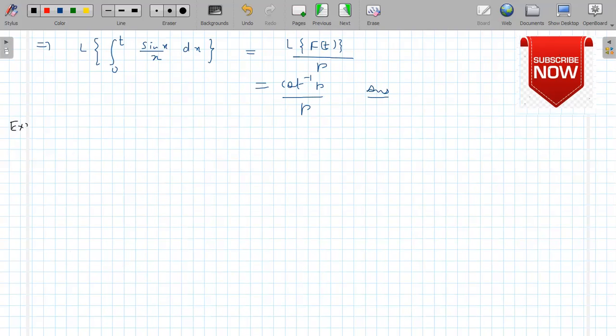Example number 2. Evaluate Laplace transform of the integral from 0 to t of e to the power t sin t divided by t dt.